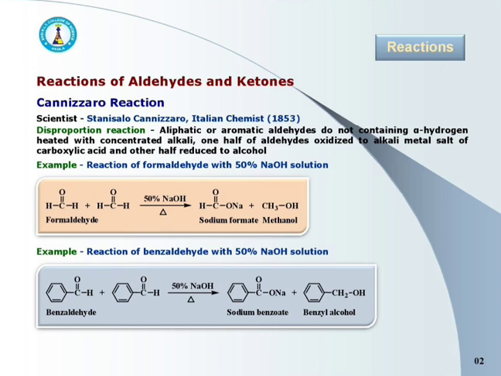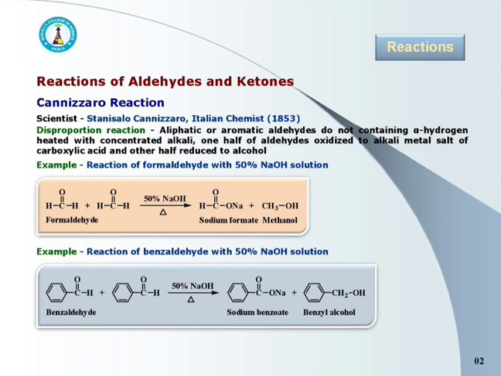The first example of the Cannizzaro reaction is the reaction of formaldehyde with 50% NaOH solution. When formaldehyde is heated with 50% NaOH solution, one molecule of formaldehyde is oxidized to sodium formate, whereas the other molecule is reduced to methyl alcohol.